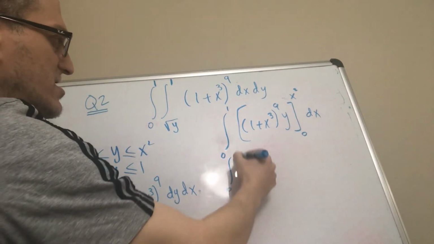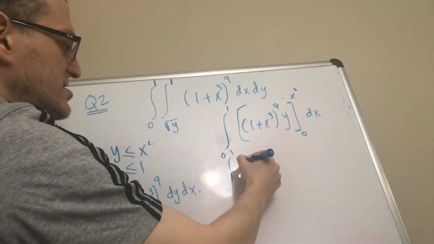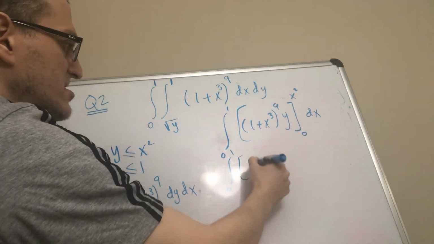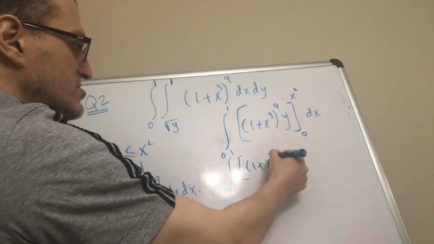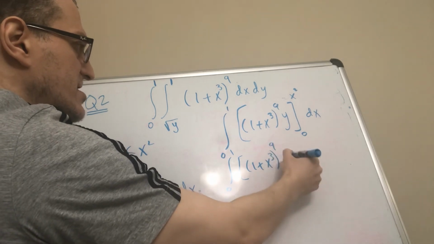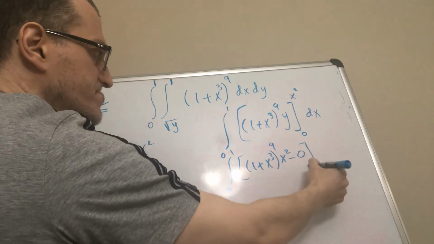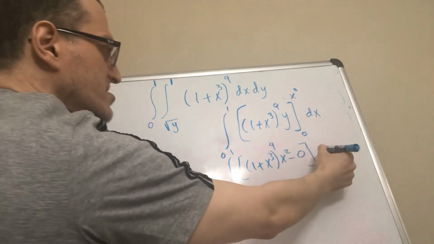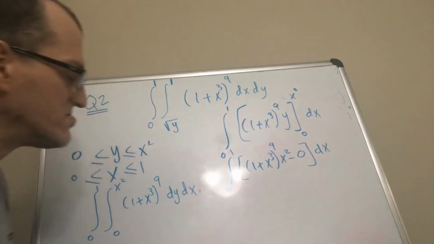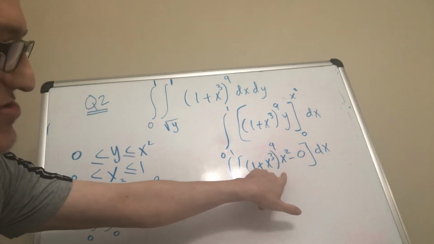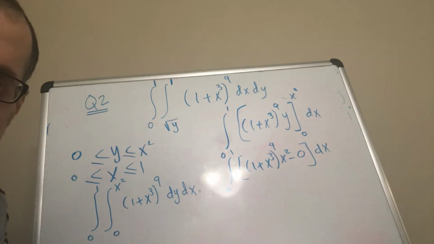And then you plug x squared: 1 plus x cubed to the 9, times x squared minus 0, if you plug 0.